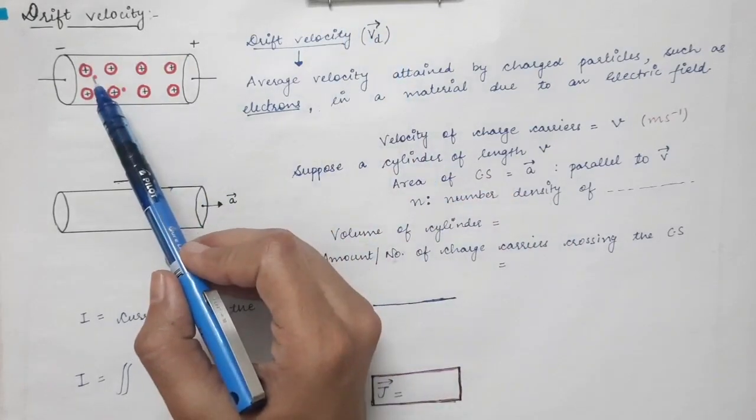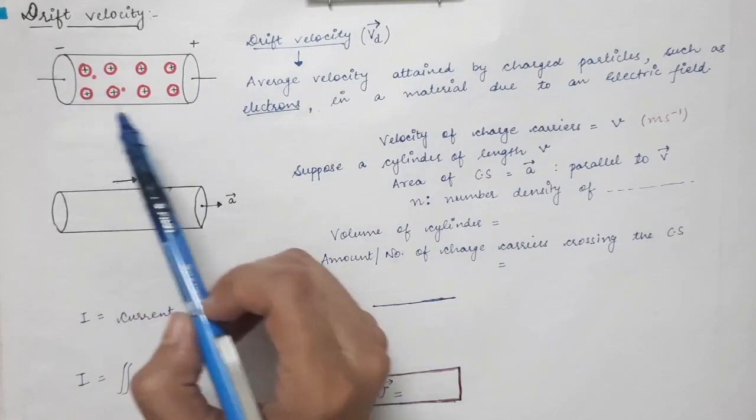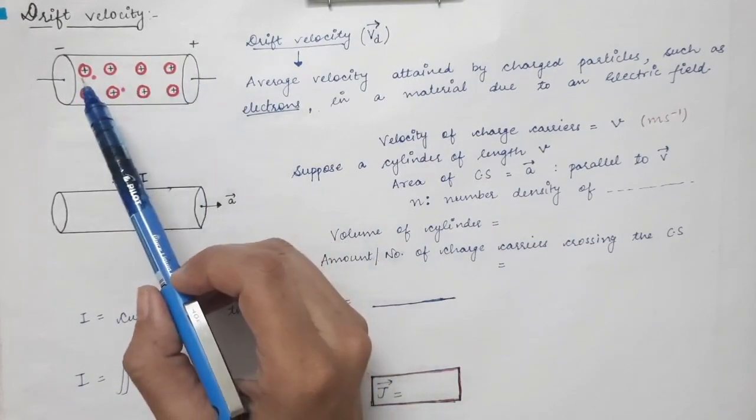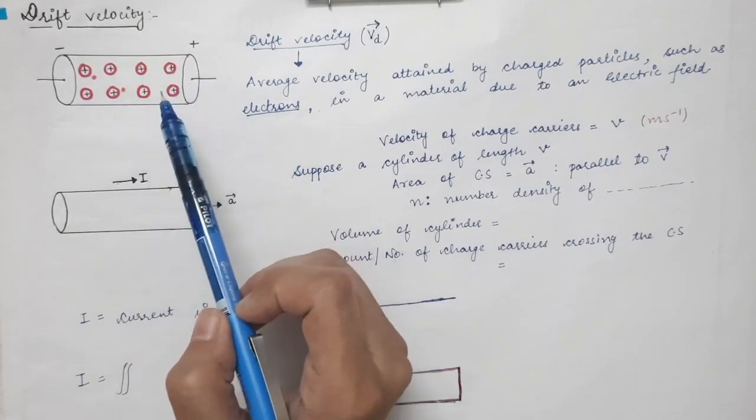Now when a free electron moves under the influence of an external electric field, let's say I am taking a conductor, and the conductor has some positive ions and there are free electrons present.